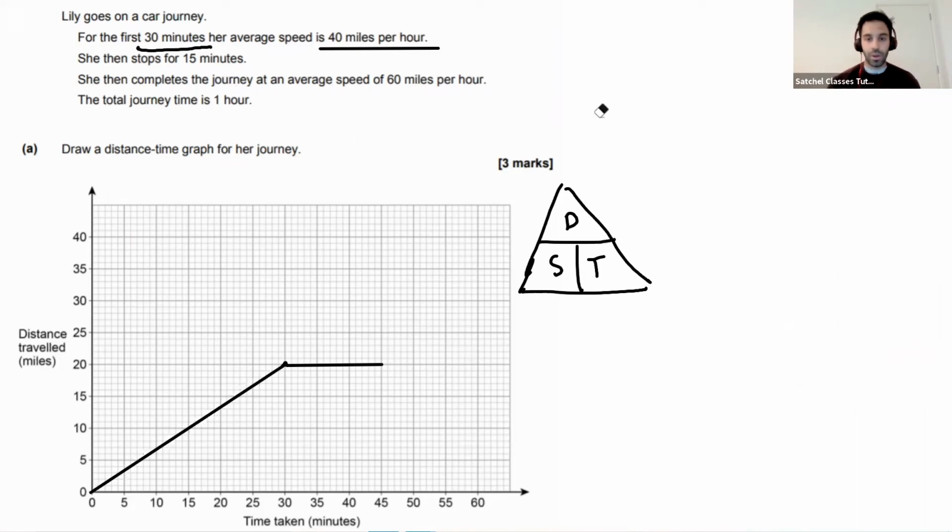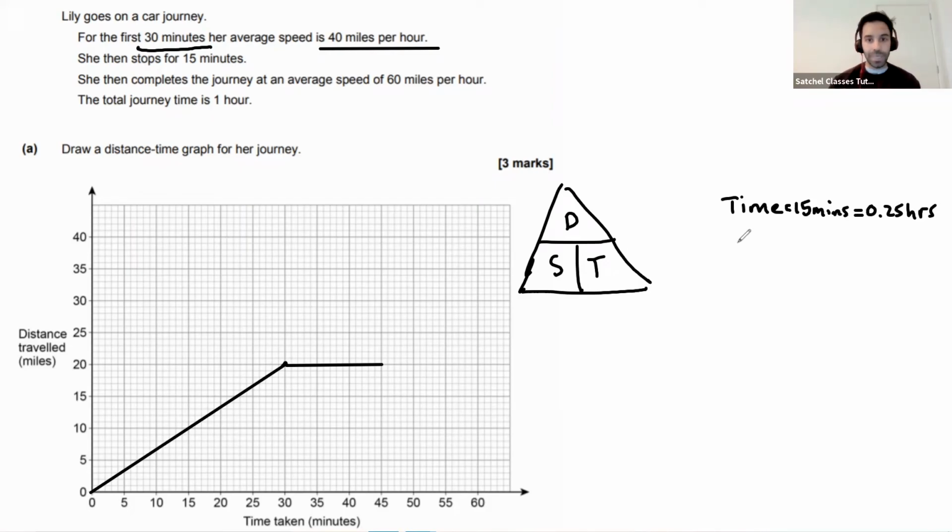What we do know is that the total journey time is 1 hour, so there's only 15 more minutes of the journey to go. So the remaining time is equal to 15 minutes, which is equal to 0.25 hours. Remember, 15 minutes is 1/4 of an hour.